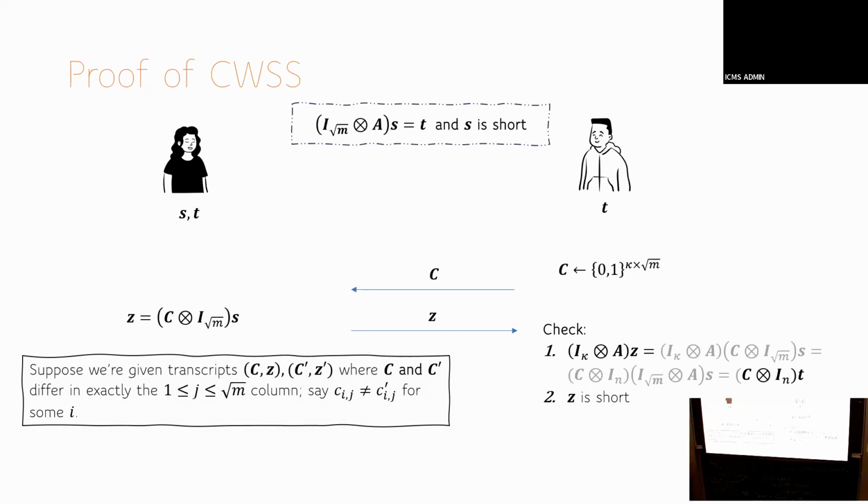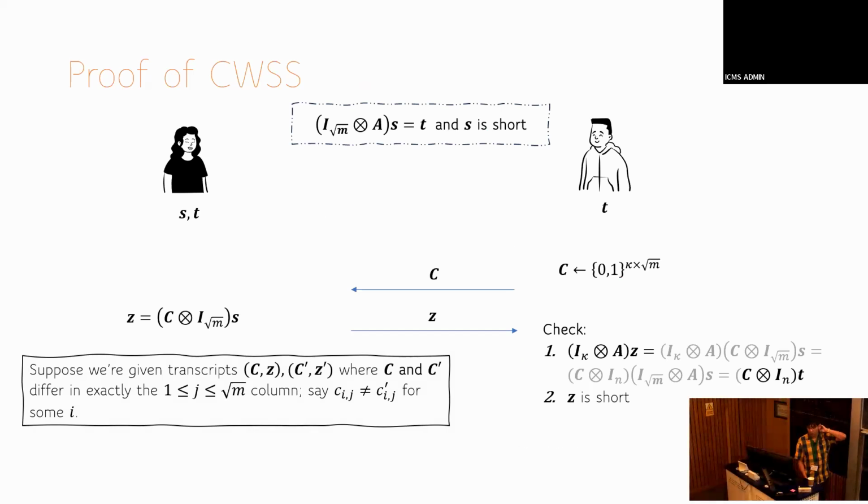I guess then we will be done. Suppose we're given, let's say I focus on the j-th coordinate. Okay. So suppose I have two matrices C and C prime, which differ in the j-th column, and exactly in the j-th column. So in all the other columns, they are the same. And suppose that C_ij is not equal to C'_ij for some i.